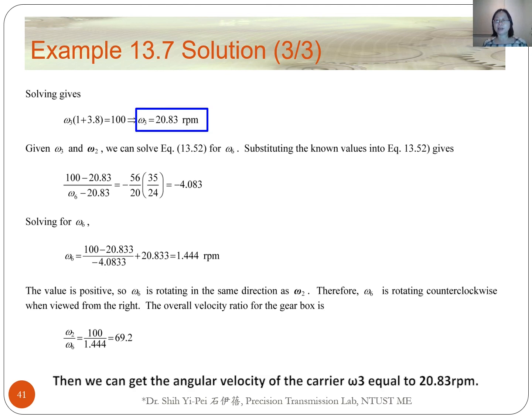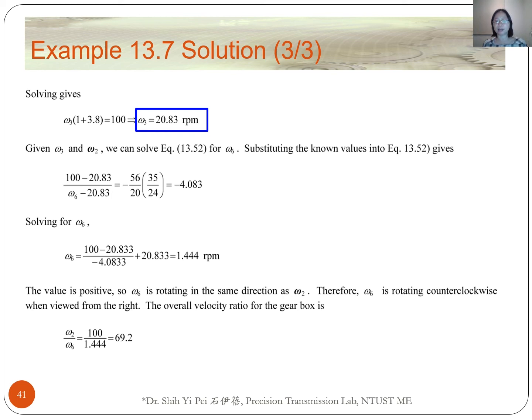Then we can get the angular velocity of carrier omega 3 equal to 20.83 rpm. Given omega 2 and omega 3, we can solve equation 13.52 for omega 6.